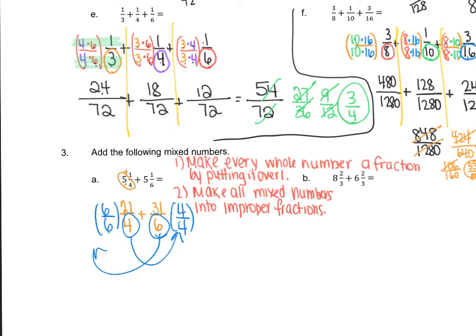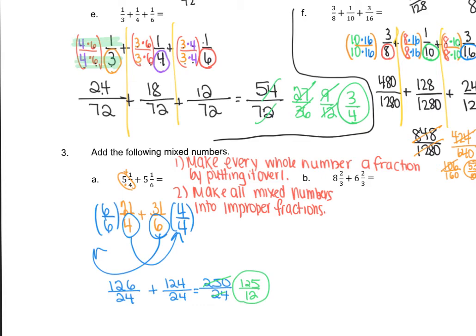I'm going to get 126 over 24, 124 over 24, and I get 250 over 24. They're both even numbers, so I can cut them in half. I get 125 over 12. And that is all I can do. I'm all done.